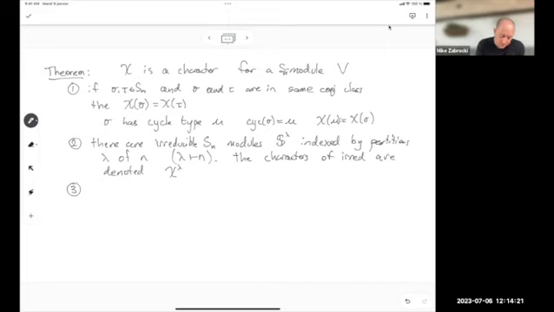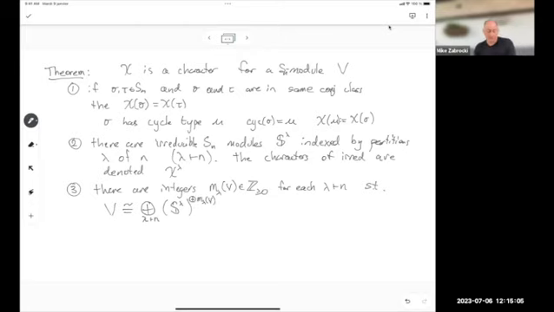Third is that there exist integers m lambda v, in Z greater than or equal to 0, for each lambda a partition of n, such that V is isomorphic to a direct sum over lambda partitions of n of S lambda to the m lambda v.